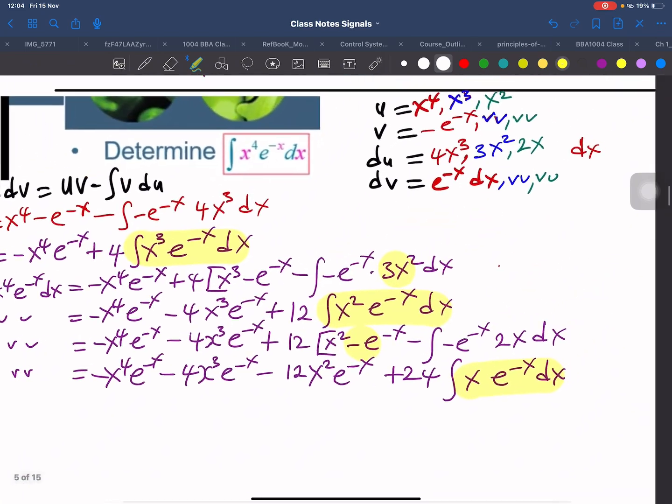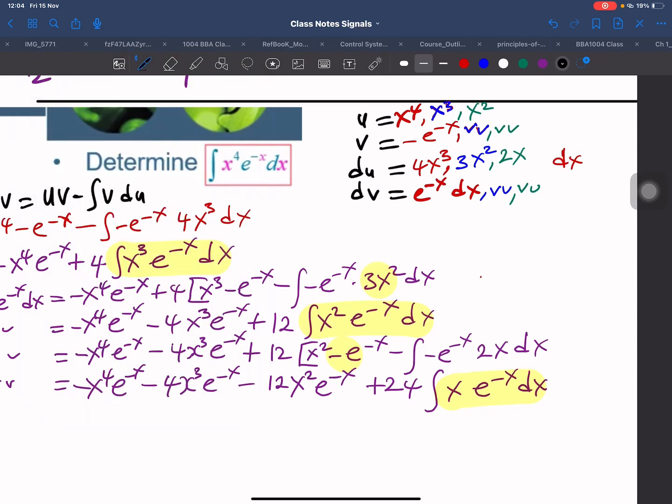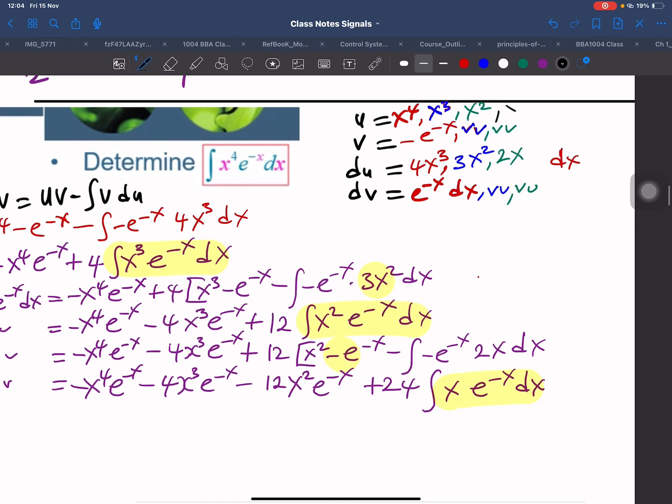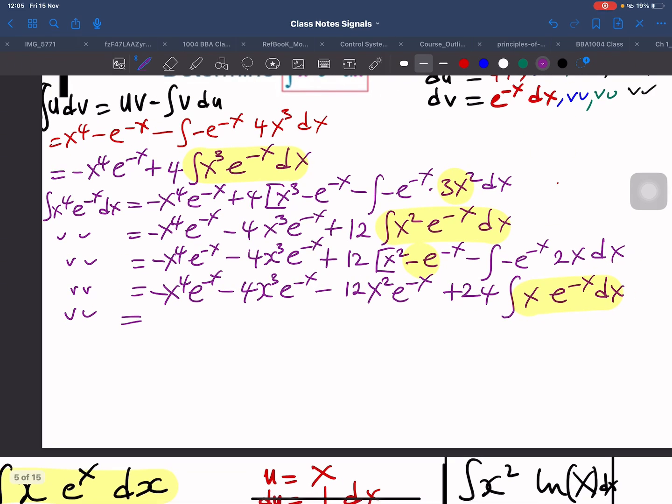So now, as usual, we're going to find our u. Our u is going to be equal to x, and our du is going to be 1 dx. The others will still be the same. So we continue, which is equal to minus 4x e raised to power minus x minus 4. Sorry, that's a mistake.